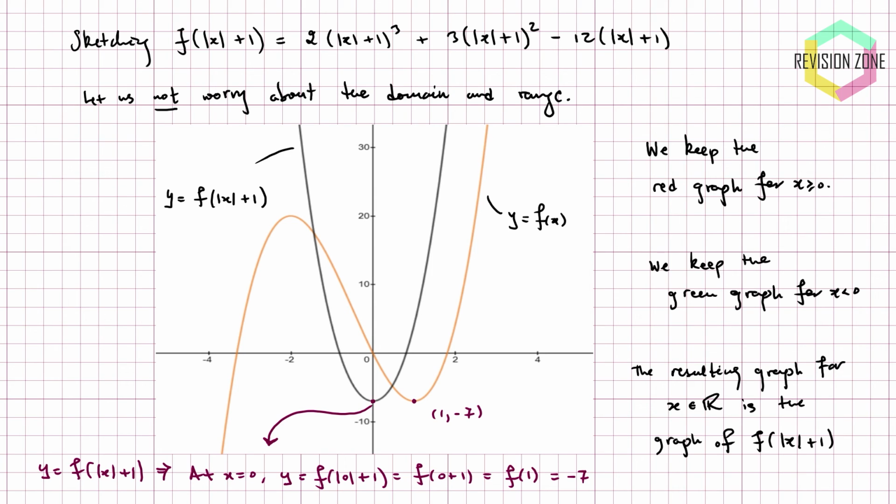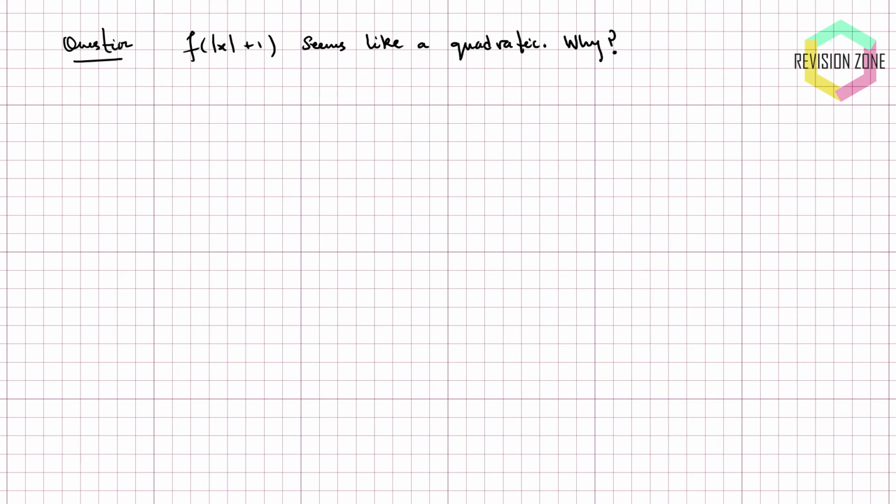Before bringing this video to an end, it is worth asking a few interesting questions. One question is as follows. The curve that we got from the previous page actually looked like a quadratic, right? So why on earth is that the case? We started with some cubics, we did some modulus transformations, and then we got something which looked like a quadratic.